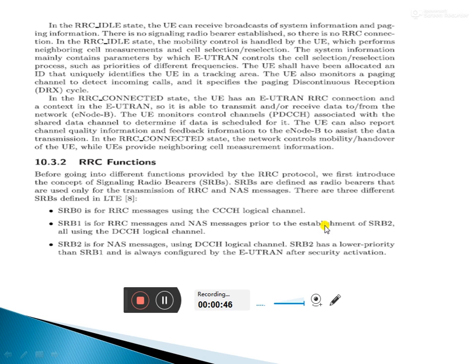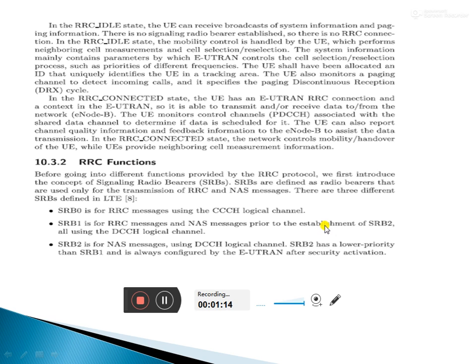It is defined as radio bearers that are used only for the transmission of RRC and NAS, non-access stratum, messages.